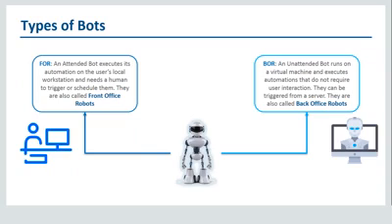So there is human involvement here, and that is the reason it is called an attended bot. These attended bots are called front office robots because they are used where the humans are sitting or working, and that is the reason front office bots run on a user's local machine.